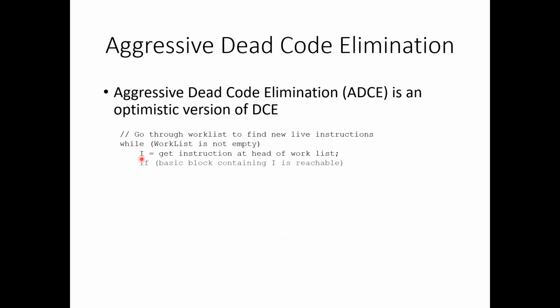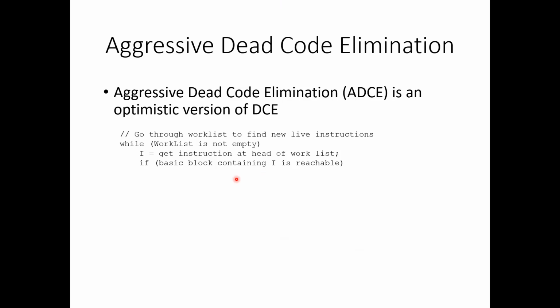Then we check if the basic block containing that instruction is reachable, because I could have an instruction in a basic block that is not reachable. For example, if you have a phi function, like we pointed out earlier, coming from a basic block that's not reachable, I don't want to mark the instruction inside of that basic block as live.